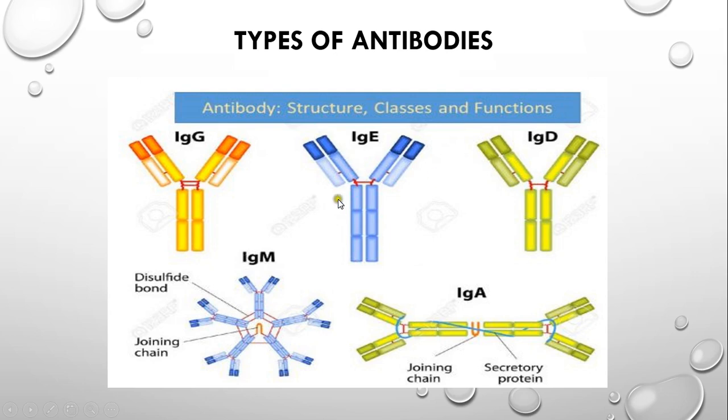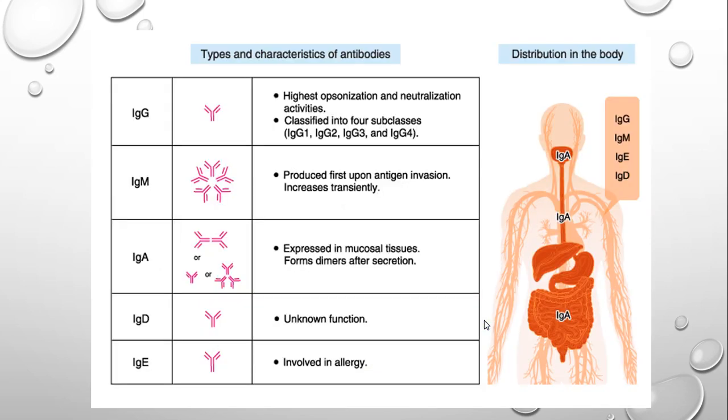IgE is present during the allergic processes, allergic reactions. IgD has not very well known functions. IgA is present in mucosal secretions and in tears. These are the different functions of different antibodies.